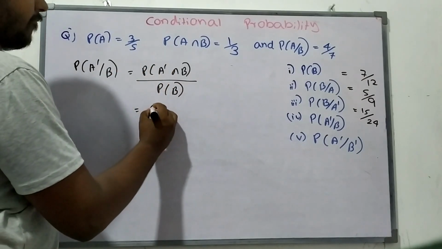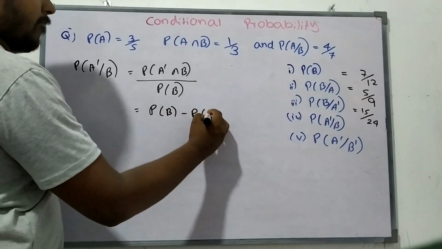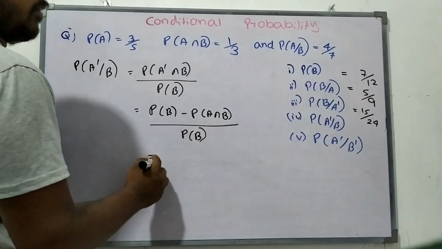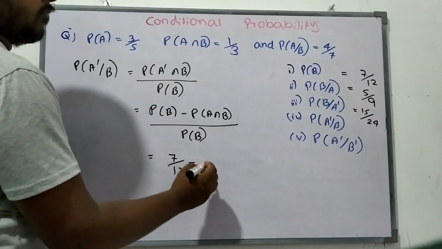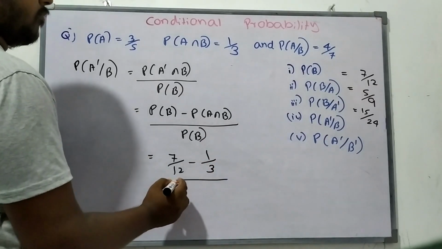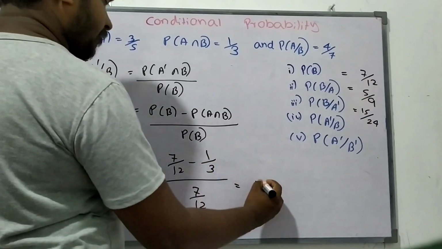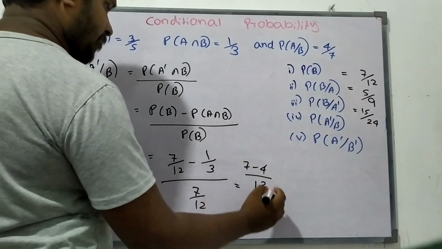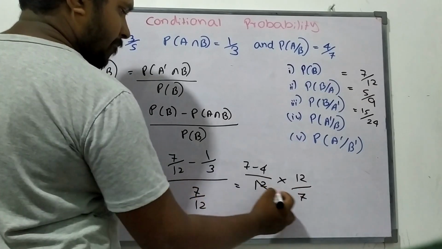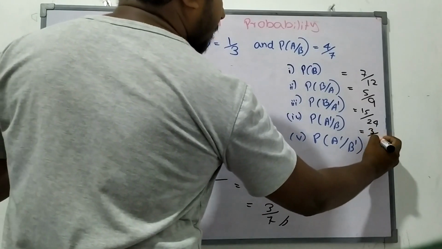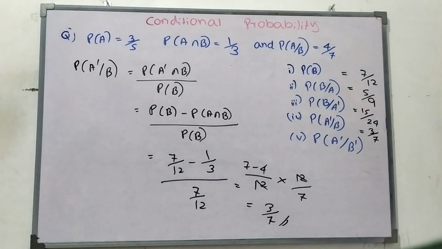This is P(B) means 7 over 12. Three over 7. The last one.